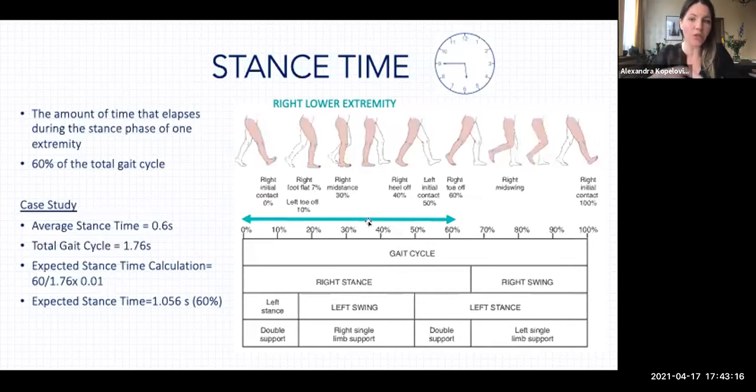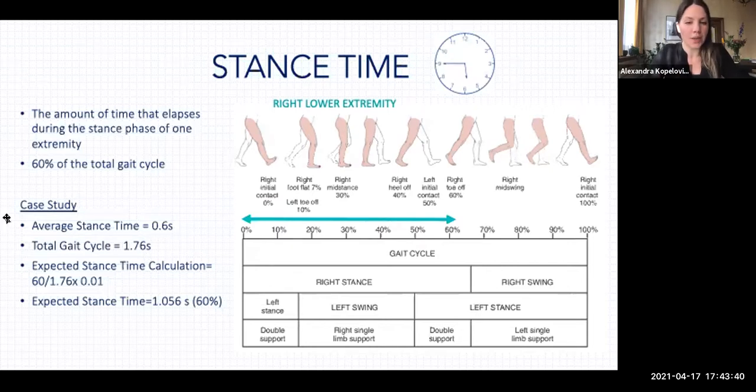There is a stance phase of the gait, and there is a swing phase of the gait. Gait takes 1 second to complete. If stance phase is 60% of 1 second, it means it takes 0.6 seconds to stand on 1 lower extremity, in this case to weight bear on the right lower extremity.